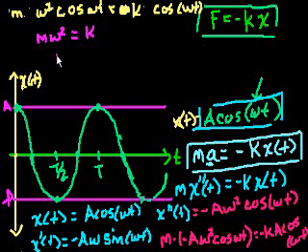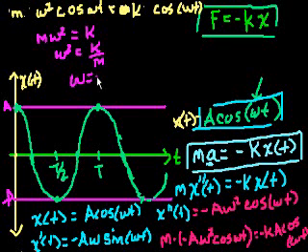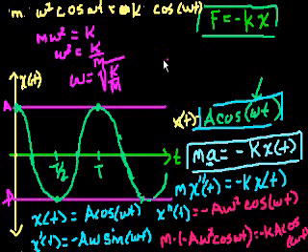Or another way of saying it, if omega squared is equal to k over m, or omega is equal to the square root of k over m. So there we have it. We have figured out what x of t has to be. This differential equation is true if this is x of t and omega is equal to this. So now we've figured out the actual function that describes the position of that spring as a function of time.